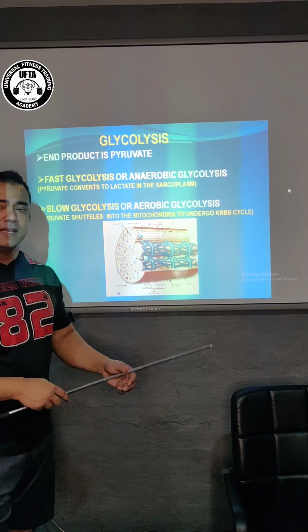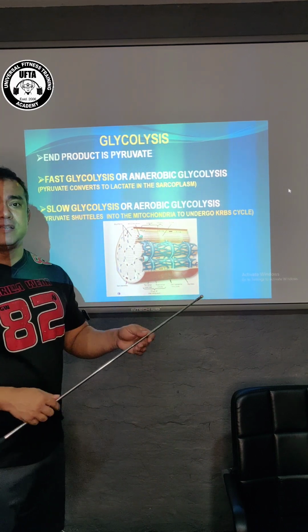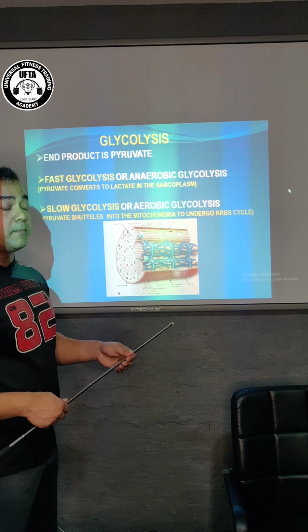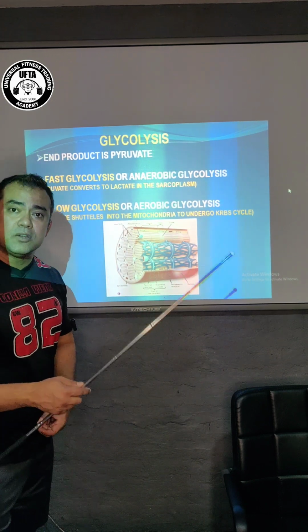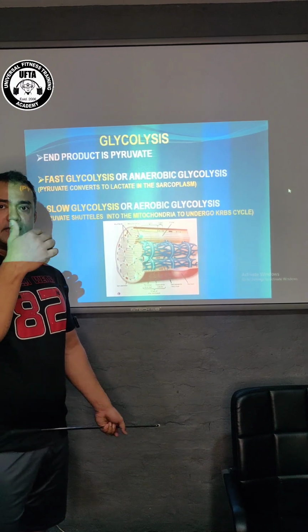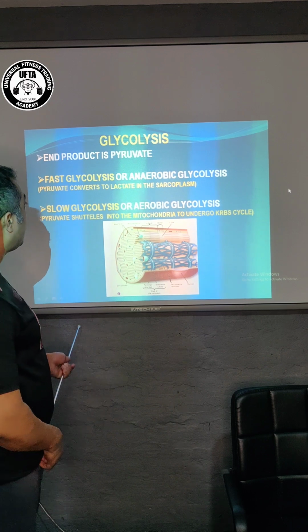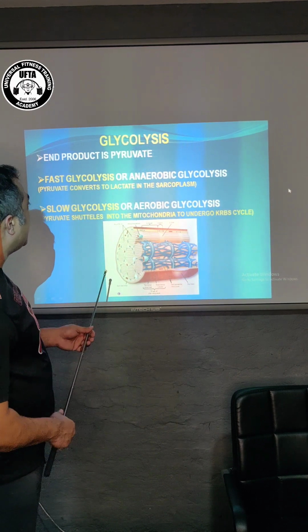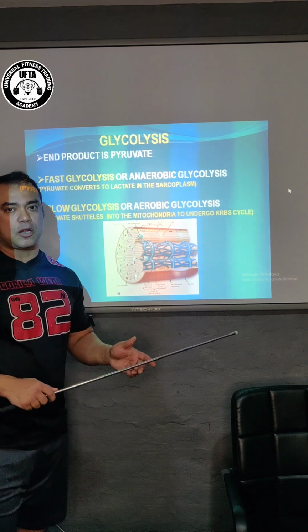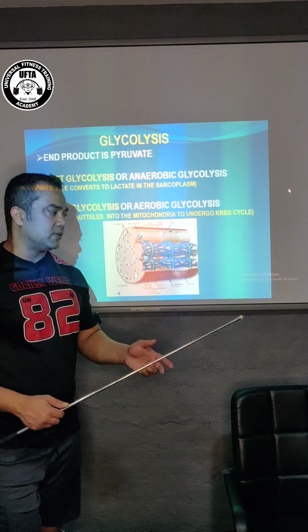There's a trick in this: the pyruvate can also convert into lactate. If the intensity is, say, 70 or 80%, or not below 60%, then the pyruvate converts into lactate, and the ATP is generated in the cytoplasm.